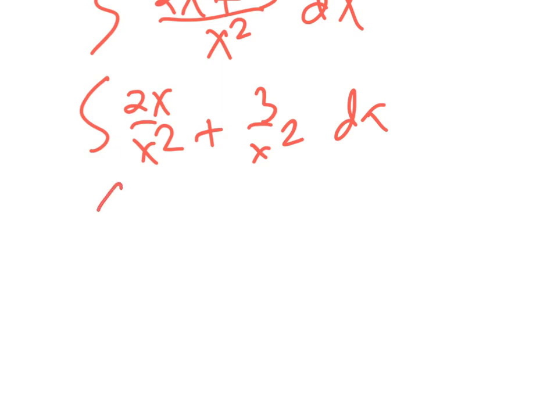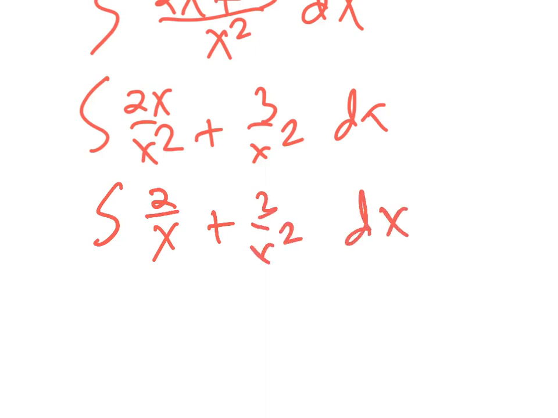That becomes an integral of 2 over x plus 3 over x squared dx. When I take the antiderivative of 2 over x, that's a 2 on the outside. You actually could have done this, guys.